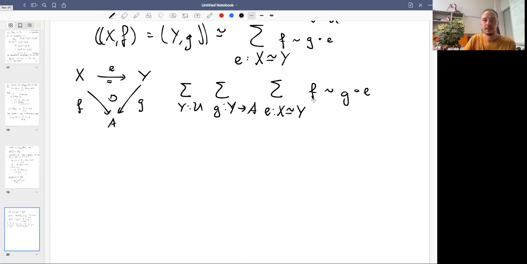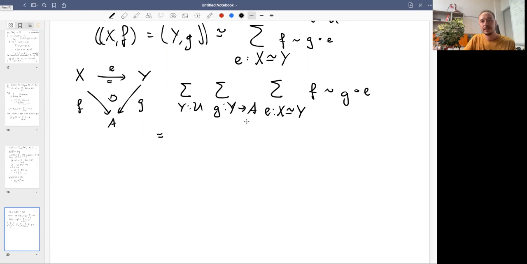So we want to show that this is contractible. The first two components are, of course, the type of Y and g. And the second two components, that's this type. So I already did some reassociating, but not too much, because I'm going to do some more now.